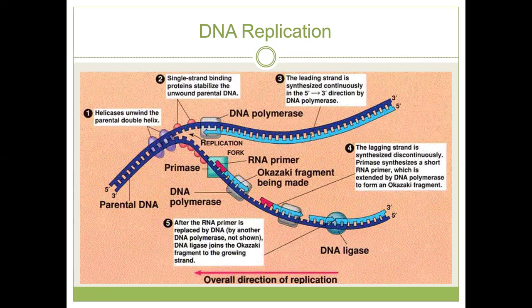Synthesis in the leading strand is continuous from 5' to 3', while that of the lagging strand is discontinuous, leading to formation of fragments called Okazaki fragments, which are later linked by an enzyme called DNA ligase.